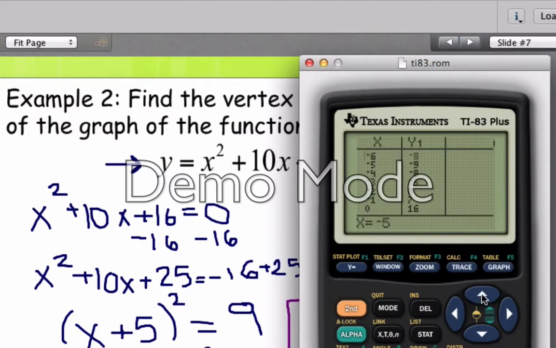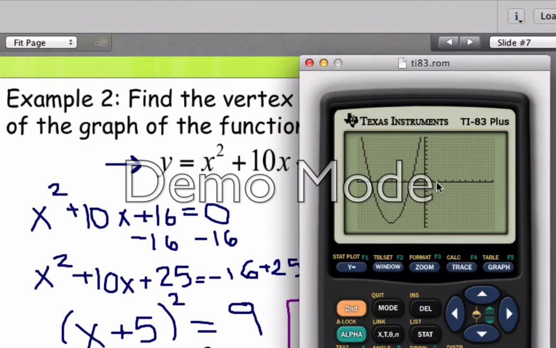Scroll down to -5, -9, and I can clearly see that that's the vertex at this point because that's the lowest y value. But if you're way off, the graph will tell you that. Like if you got 1, 3, you would know you're way off. That's incorrect. Somewhere you went wrong in your algebra, so you'd know to double check it.